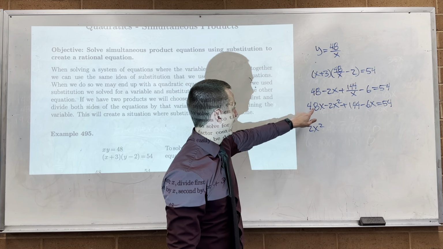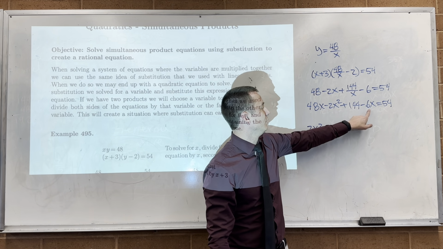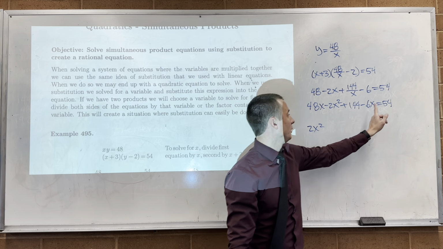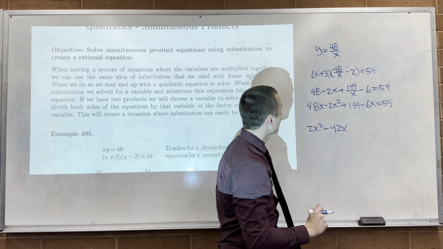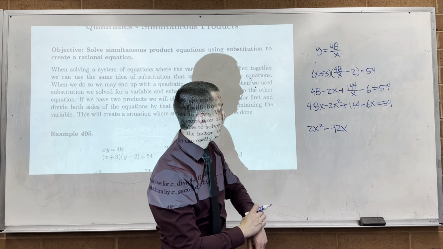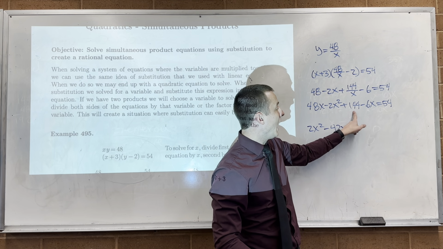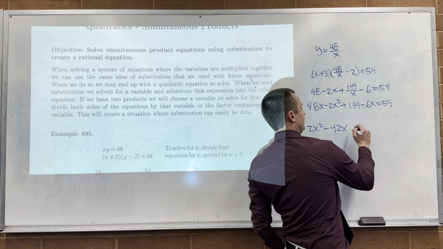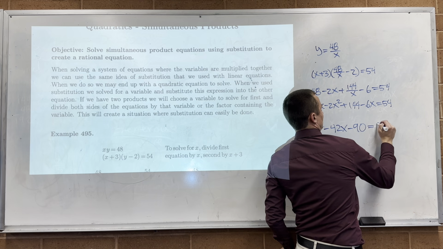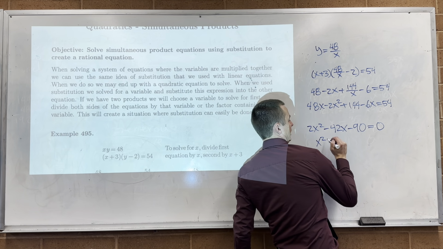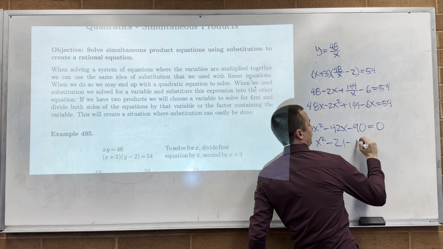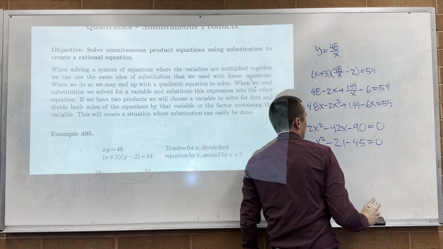How many x's do I have? 48 minus 6 is 42. But when I move it to the other side, that's going to be negative 42. And then my constants, now I'm going to subtract 144 from 54, leaving me minus 90, equal to 0. Good. Quickly divide everything by 2, and we get x squared minus 21x minus 45 is equal to 0.